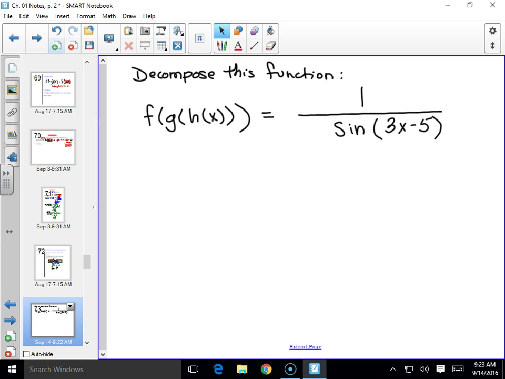Ah, come on, I had to make it harder. Go. You can do it. It's not sin, it's sine. Hopefully we know that. I hear people asking what's the innermost. That's perfect. Start there.